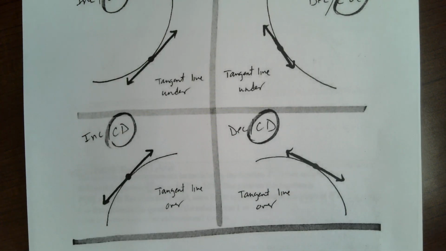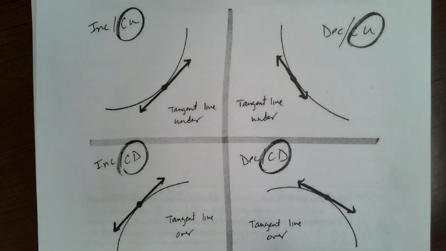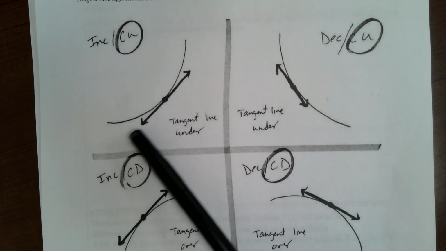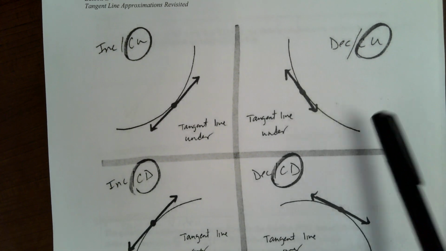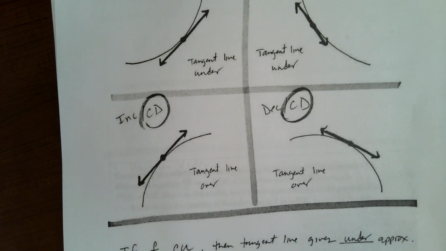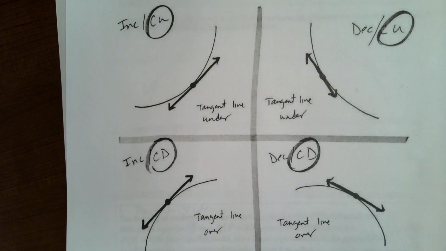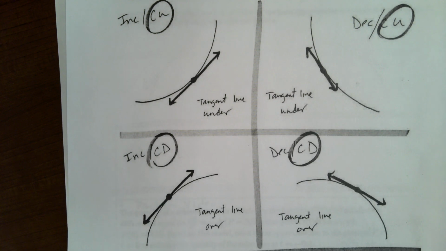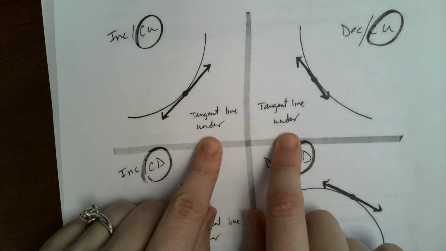Okay, so I wrote here, if a graph has any type of concavity, here's 4 situations that would be involved. So here we have an increasing and concave up graph, decreasing concave up, increasing concave down, decreasing concave down. And I drew the tangent lines at a point on the graph. And in these 2 situations, the tangent line is underneath the graph.